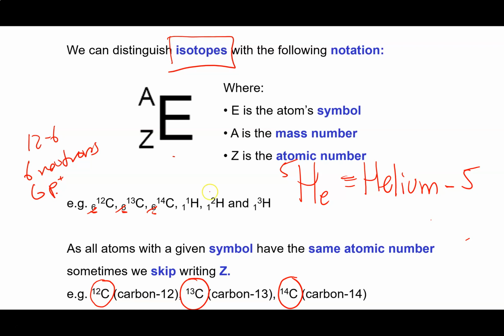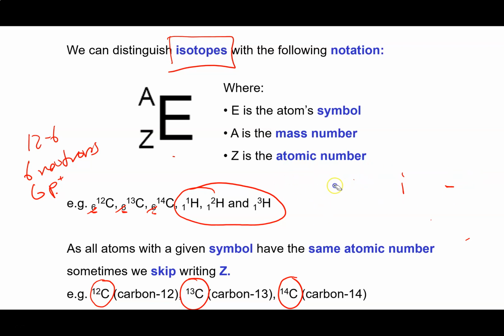All right, there is a little something that's worth mentioning concerning isotopes of hydrogen, and that is that they have some common names. The isotope of hydrogen that has mass number 2 is called deuterium, and the isotope of hydrogen that has mass number 3 is called tritium.